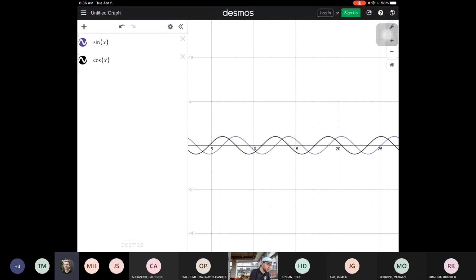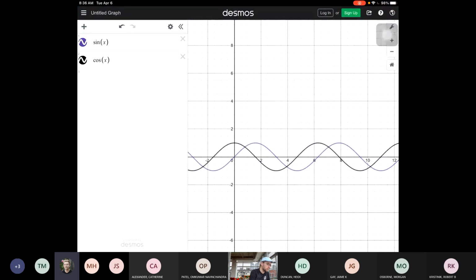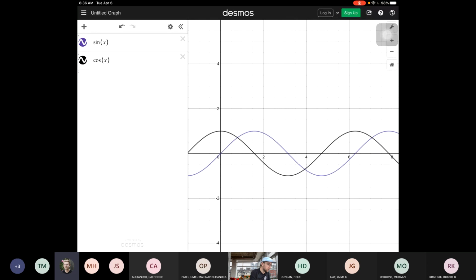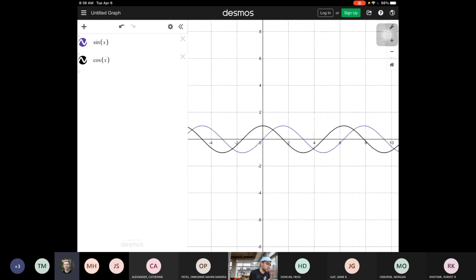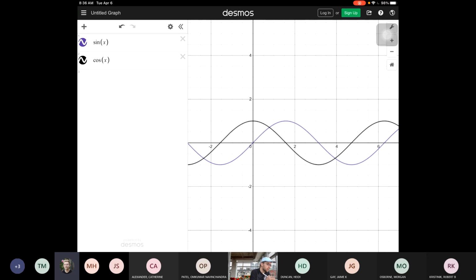This final interpretation is to consider what is the difference between the sine and cosine graph in terms of transformations. We've talked about this several times. The sine function just looks like the cosine function that's been moved over a little bit. In particular, it looks like the cosine function has been moved to the right by pi over 2 units.